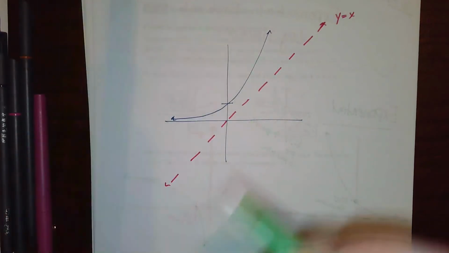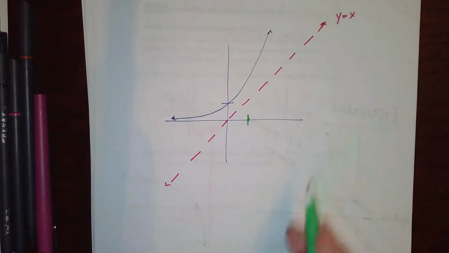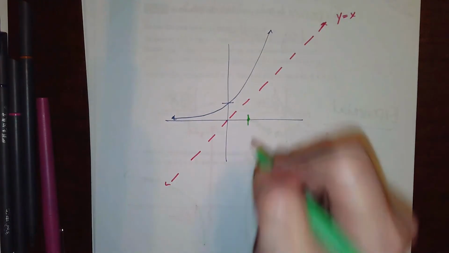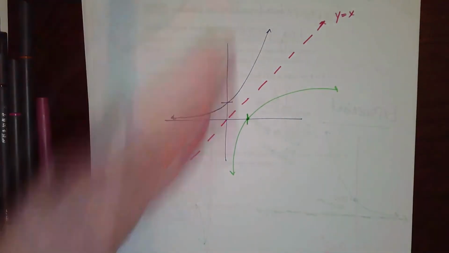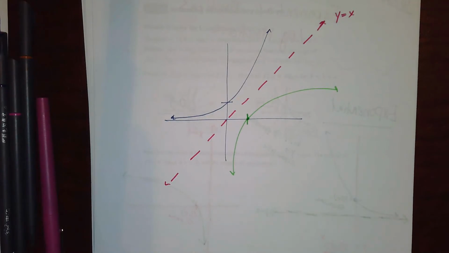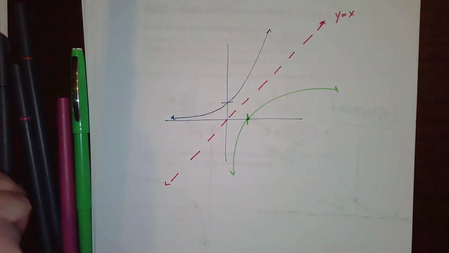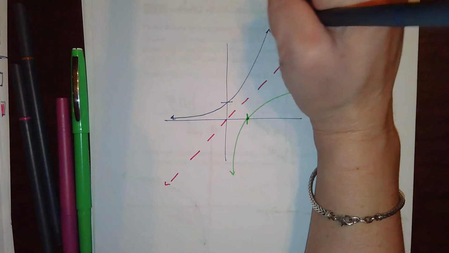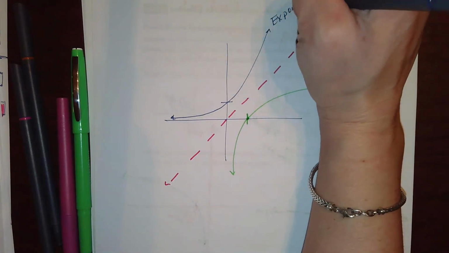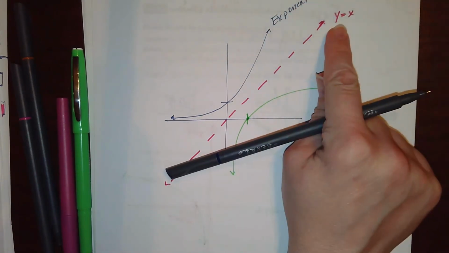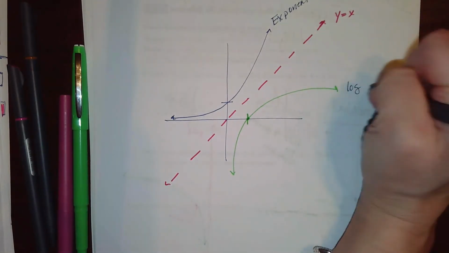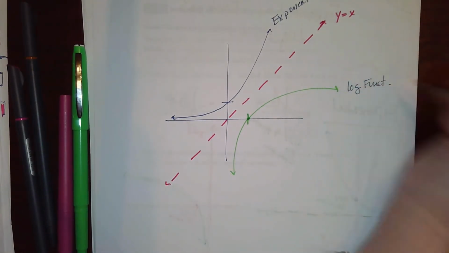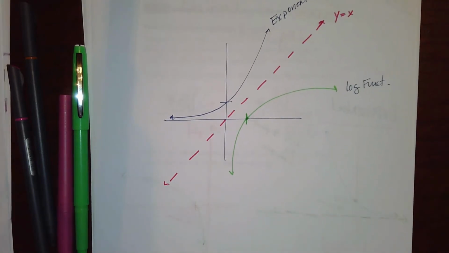Think about a mirror image of this. If I fold my graph along that line, that's what I would end up with. This is my exponential function. If I take the inverse of it, in other words switch all the x's and y's, I get a log function. So that's what the inverse is going to look like.